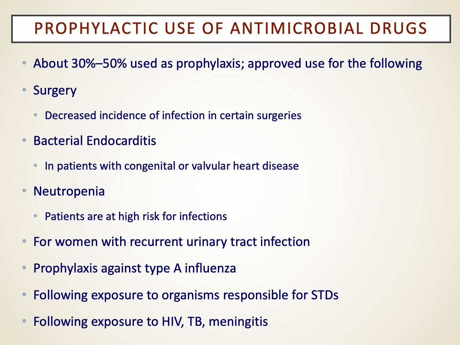For following exposure to certain sexually transmitted infections, and after exposure to HIV, to TB, to meningitis. So there are discrete times when we use an antibiotic when we actually don't necessarily know if we've got an infection, but we think the patient is at high risk of developing an infection, and so we give a dose of a drug, maybe a lower dose or a lower duration of therapy in these circumstances.